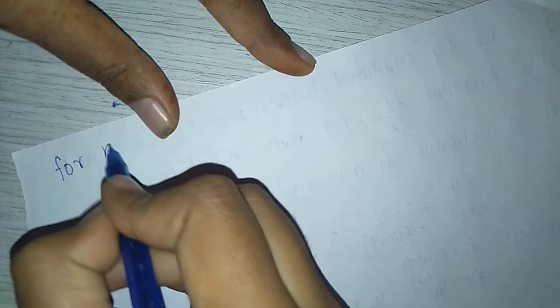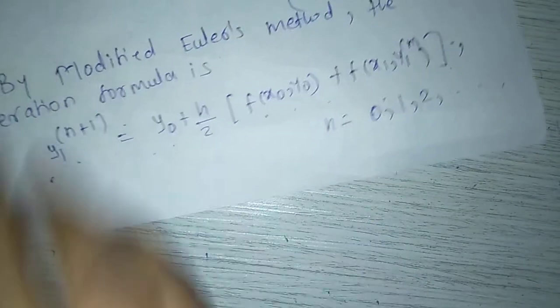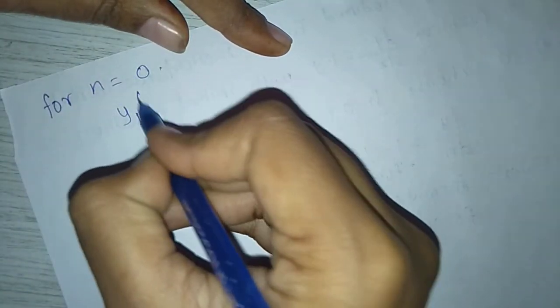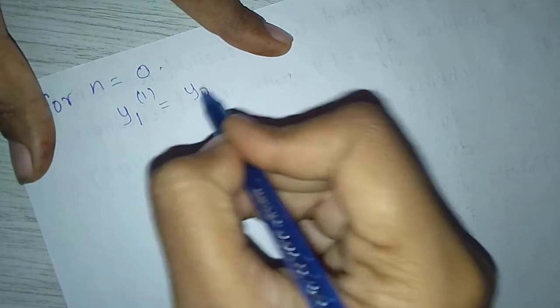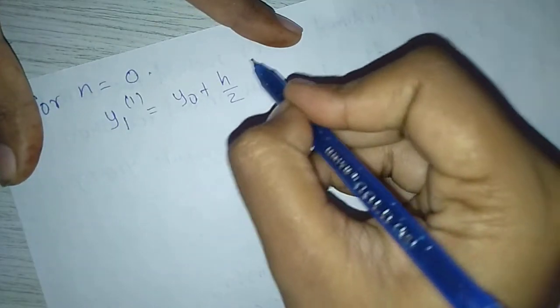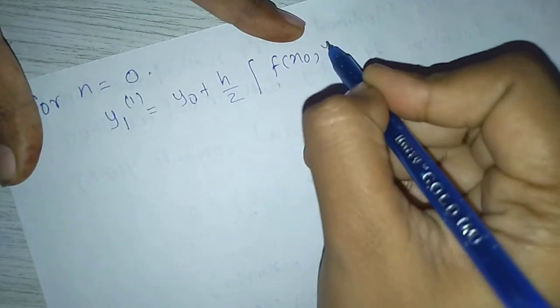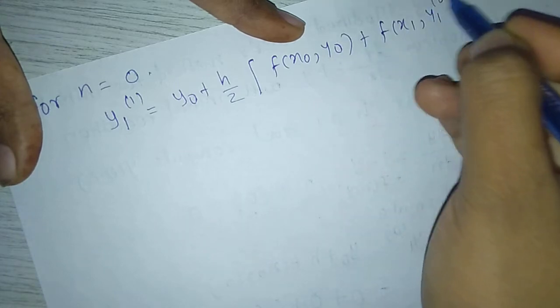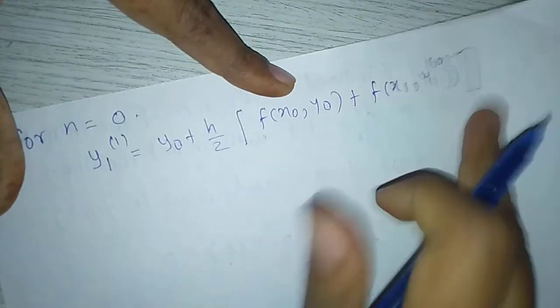For n equal to 0, the formula becomes y1 raised to 1 equal to y0 plus h upon 2 into f of x0 y0 plus f of x1 y1 raised to 0.